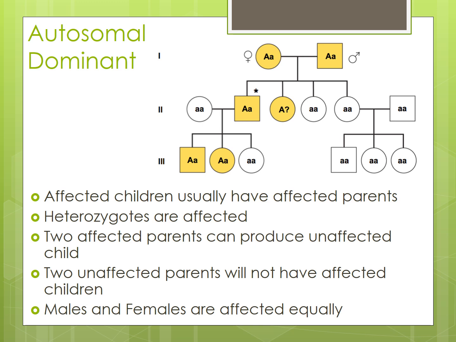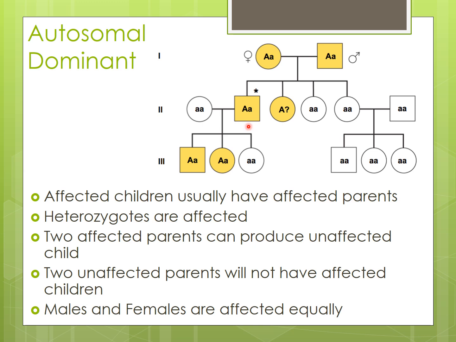So in an autosomal dominant pattern, affected children usually have affected parents. If we look at this individual here indicated by the star, this individual is heterozygous in that it has one dominant and one recessive allele, but the dominant allele is carrying a disease state.